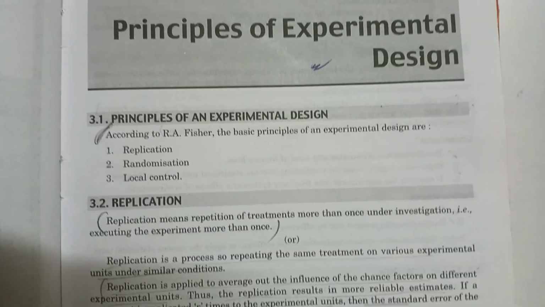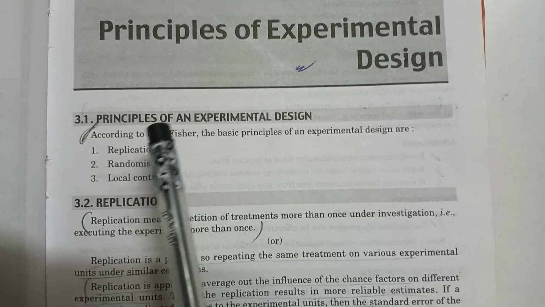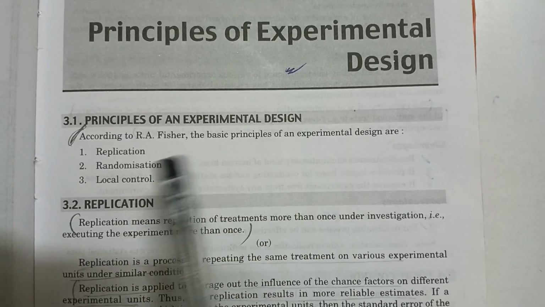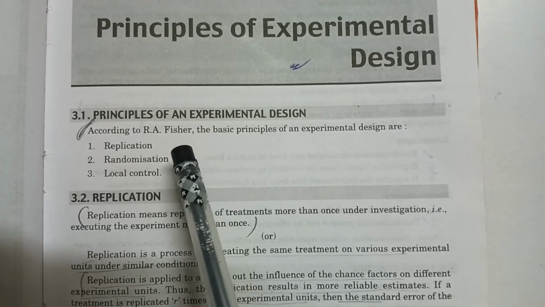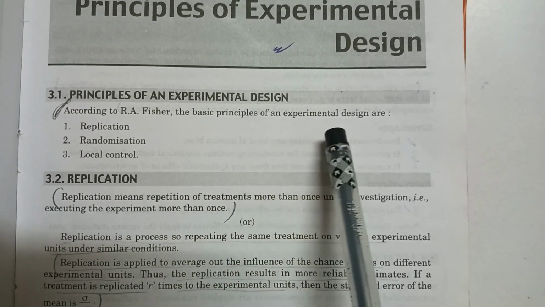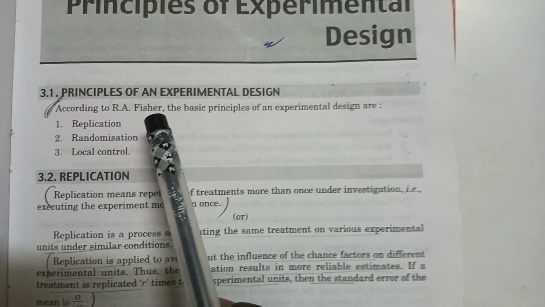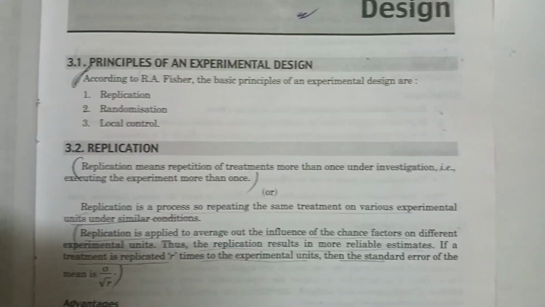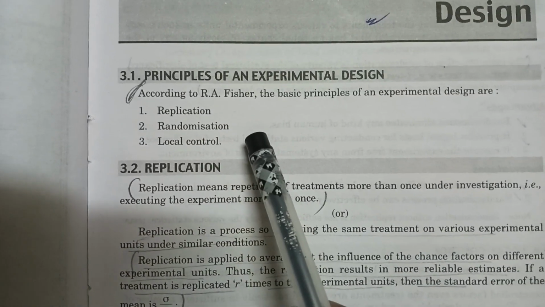Next, look at another definition, that is principles of an experimental design. According to R.A. Fisher, the basic principles of experimental design are these three. First one, replication. Second one, randomization. Third one, local control.